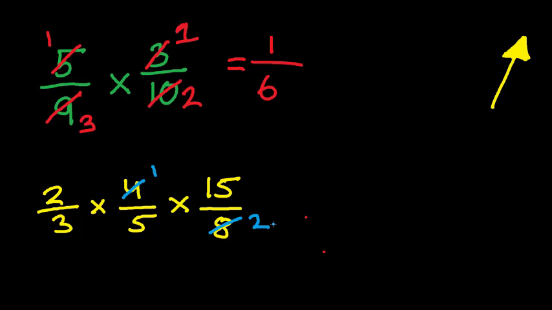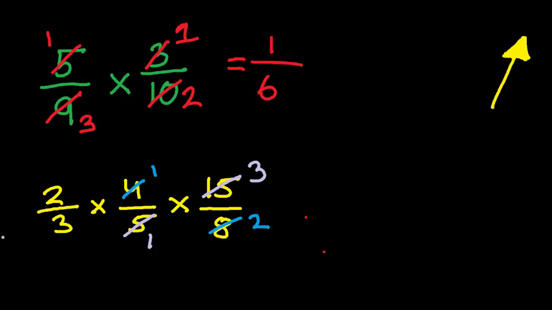And I can see that 5 and 15 can both be divided by 5. So 5 divided by 5 is 1, and 15 divided by 5 is 3. Oh, wait, look. Now we have 3 and 3, and we know that 3 and 3 can be divided by 3.